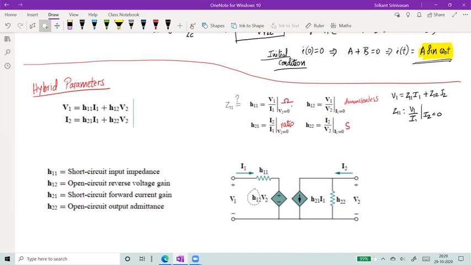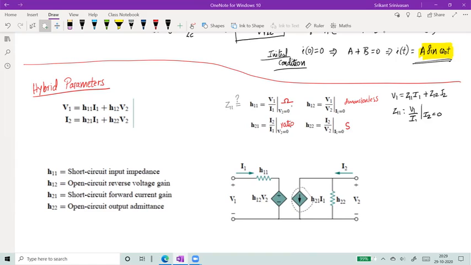So V1 divided by V2 into V2, I'm left with V1. So V1 is H11 I1 plus H12 V2. Similarly, on the other side, you have I2, because in this side you have V1 and then the second equation is I2, right? I2 is the dependent variable. I2 is H21 times I1 as given over here, and H21 is the forward current gain in the short circuit condition.